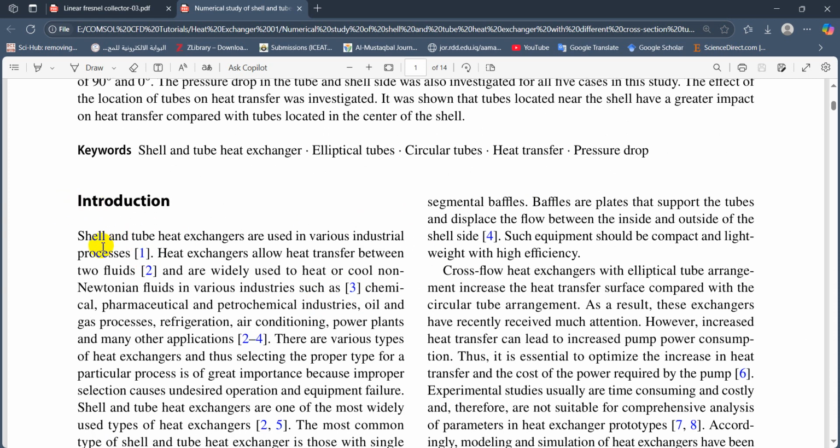Generally, the introduction starts with a general introduction about the shell and tube, for example, about the problem of the paper, and then it gives the applications for this problem, as you can see here. For example, there are applications of shell and tube heat exchangers in refrigeration systems, power plants, and so many other applications. So it is important to cite the references that support what the authors claim.